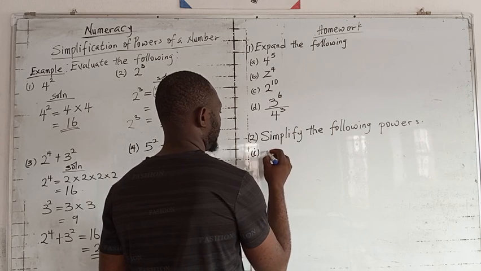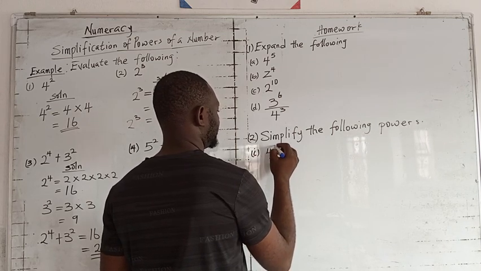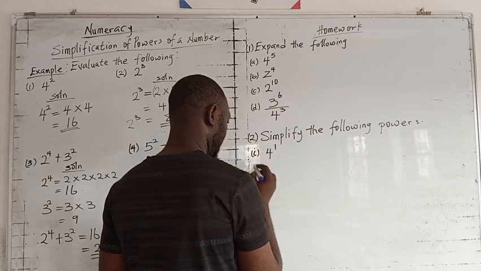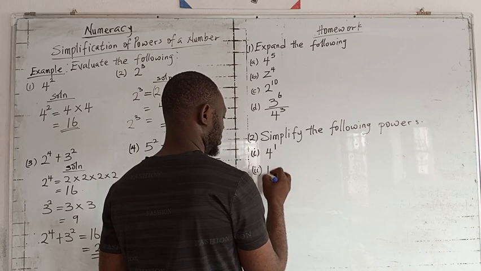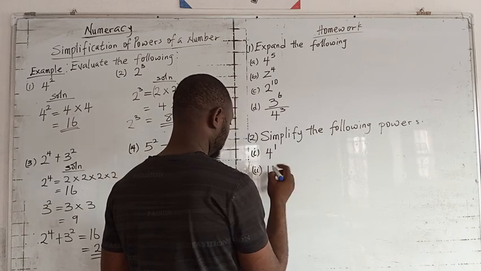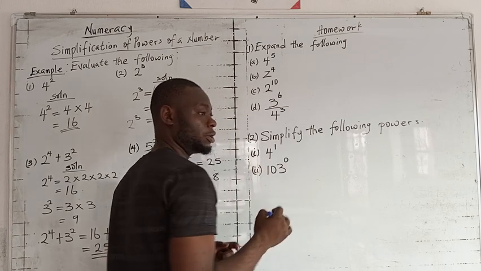Let's see, I, 4 raised to the power 1. II, 103 raised to the power 0.